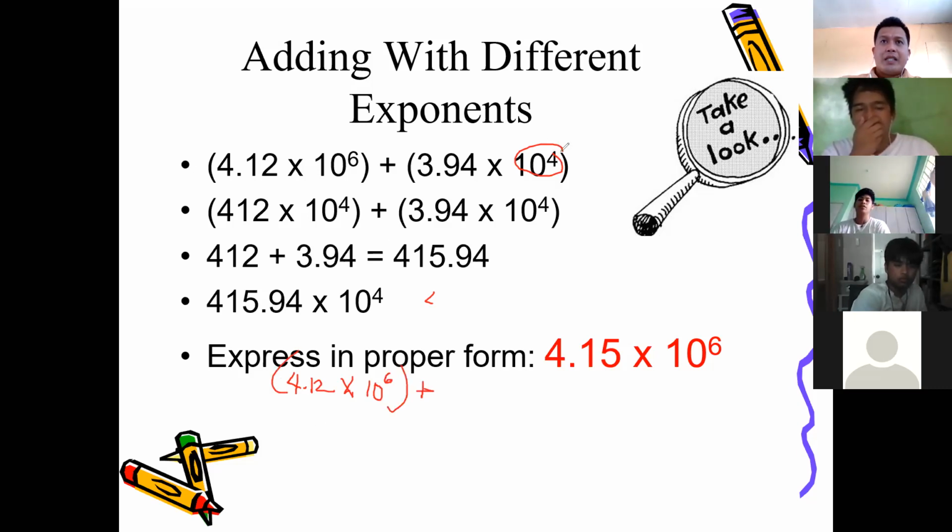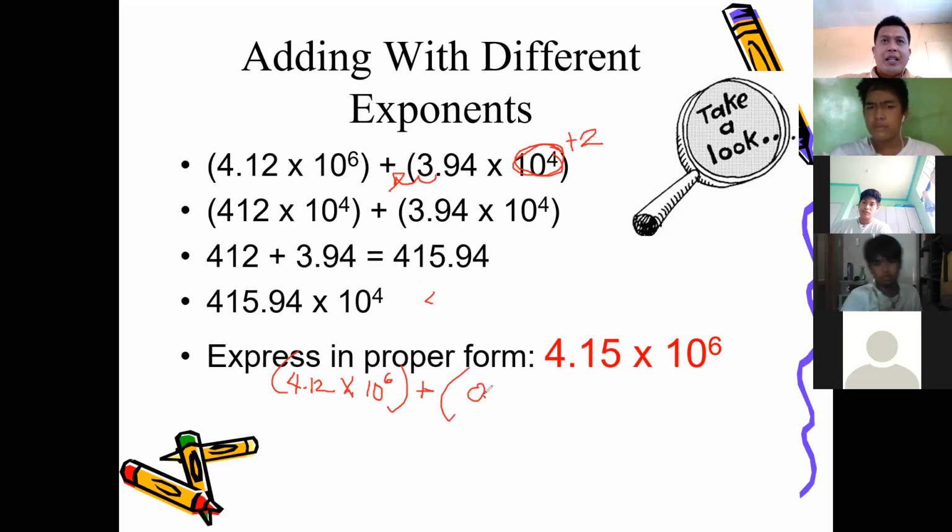Since this is going to be made 6, we have to add 2. By adding 2, we move the decimal point to the left. In other words, you have here 0.0394 times 10 to the power of 6.